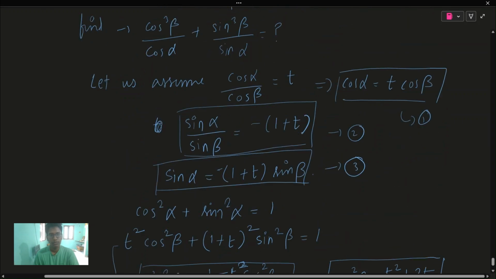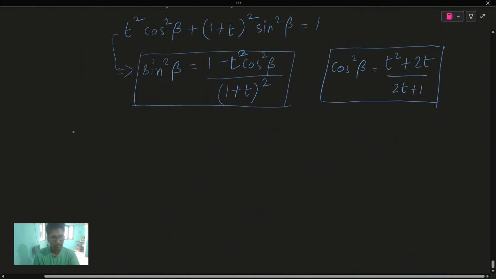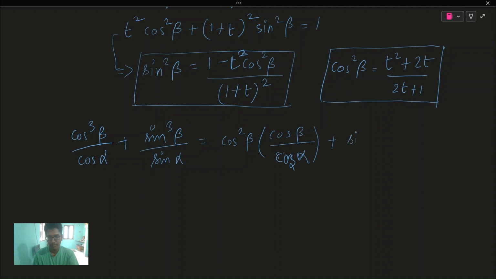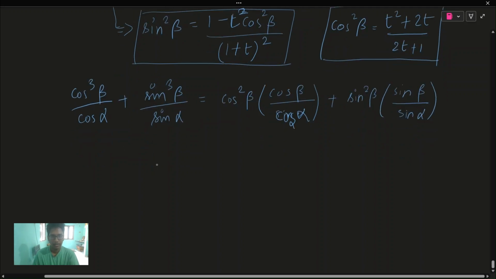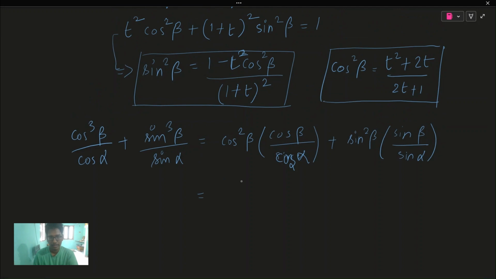And we want cos cube beta divided by cos alpha plus sine cube beta divided by sine alpha, which can be written as cos square beta into cos beta divided by cos alpha, plus sine cube beta can be written as sine square beta into sine beta divided by sine alpha. Okay.